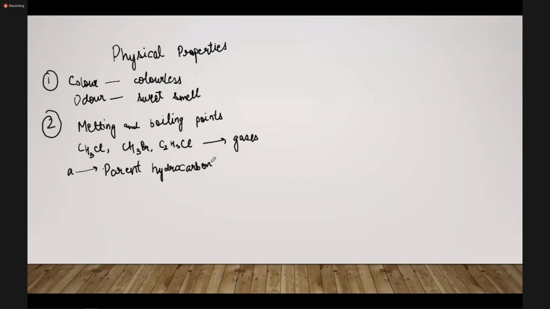Because of these two things, the intermolecular forces of attraction are stronger in the alkyl halides. When there is more polarity and more molecular mass, the forces of attraction are also greater.